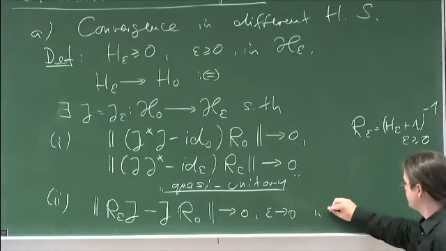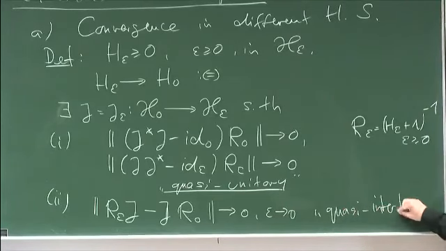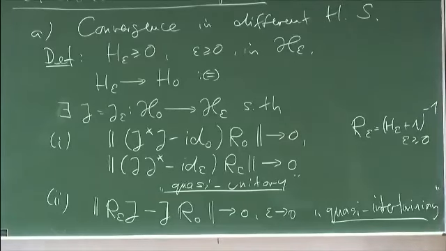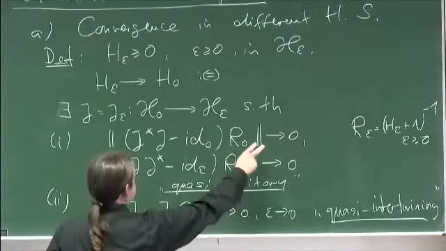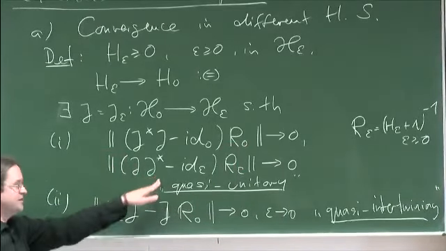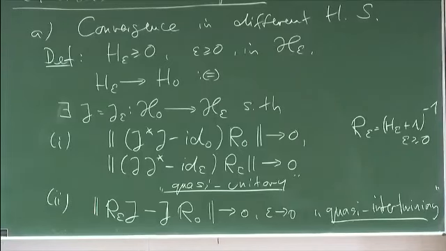I could call this a quasi intertwining, if you want. Why quasi or approximately? If this would be exactly 0, you see these are just the conditions for unitarity, and if this is 0, this is just condition that J intertwines the two operators, yes? And now the question, because I have unbound operators, I need to do this for the resolvents.